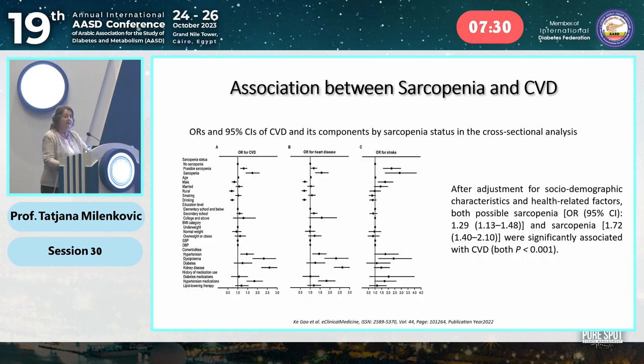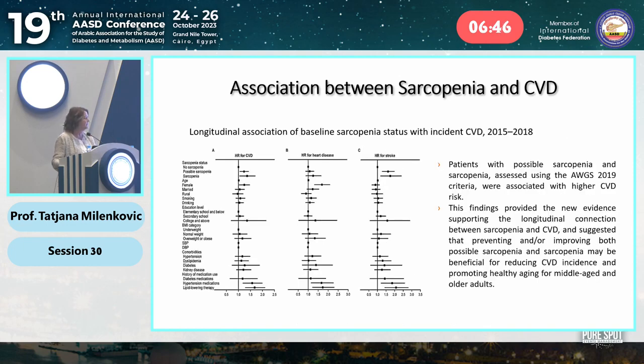But finally, last year, we actually got a real proof of this concept that sarcopenia is related to cardiovascular risk in patients, and in patients with diabetes even more. This is one study that was made in China, using a very huge register of patients. More than 15,000 patients were included in this trial, and it was concluded that sarcopenia was significantly related to higher cardiovascular risk, which proved the theory that it is a higher risk.